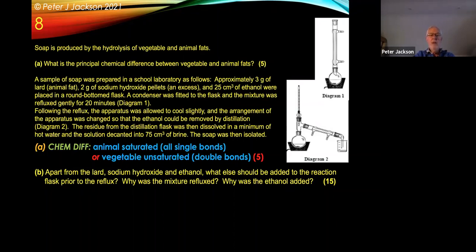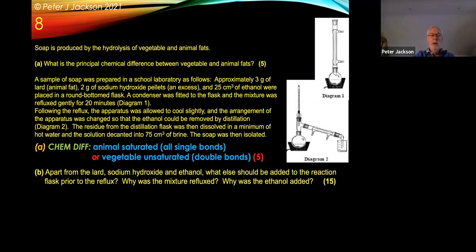Following the reflux, the apparatus was allowed to cool slightly and the arrangement of the apparatus was changed so that the ethanol could be removed by distillation. Diagram 2. The residue from the distillation flask was then dissolved in a minimum of hot water and the solution decanted into 75 cm cubed of brine. The soap was then isolated.